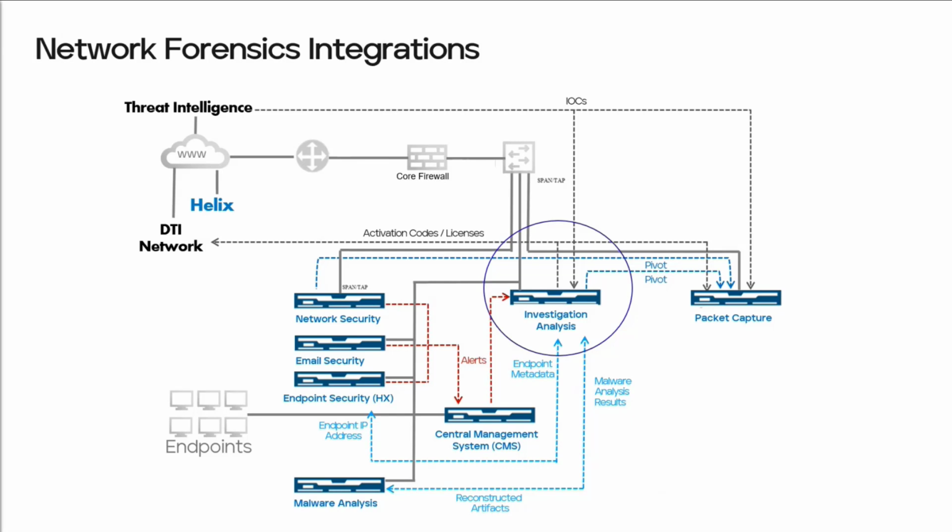You can pull, for instance, the source IP address. You can pull the name of the host and the user that is using that particular endpoint. So that gives a little context as to who is working with that particular flow that you're investigating.